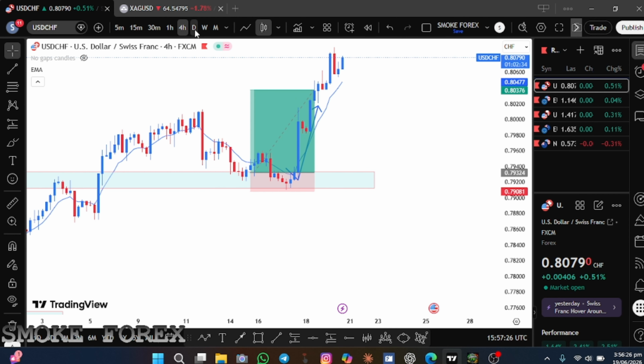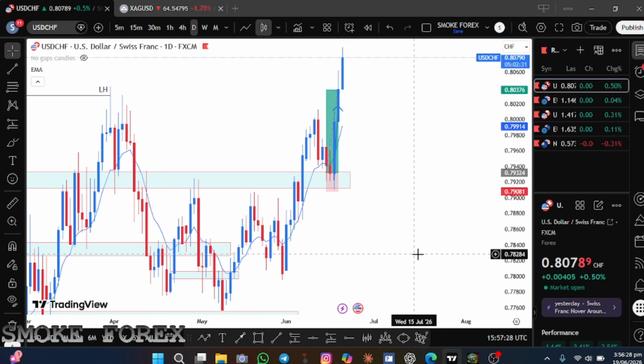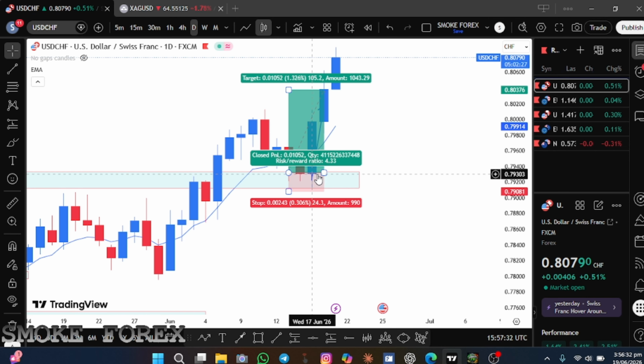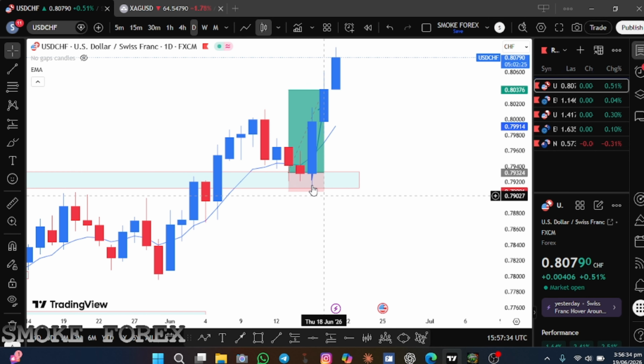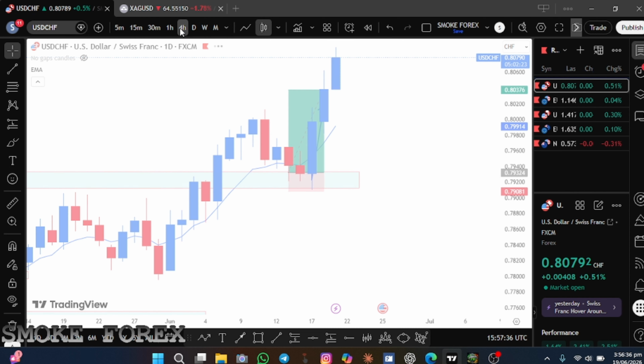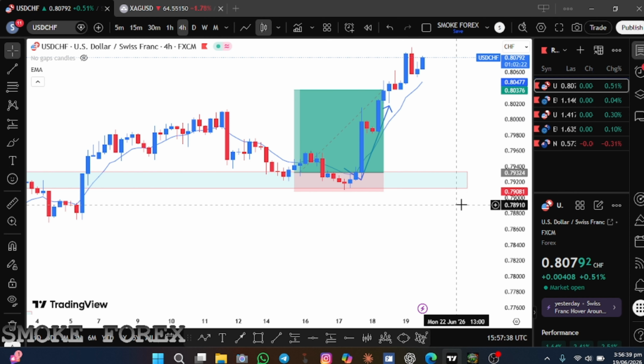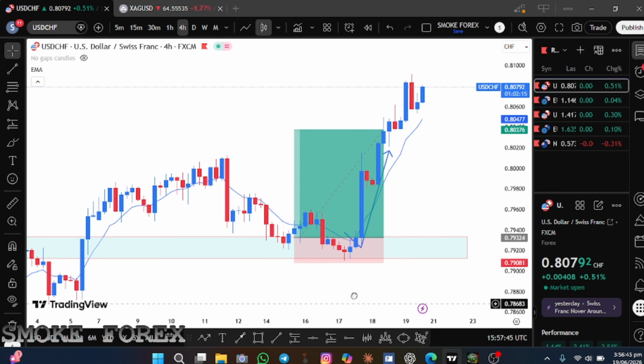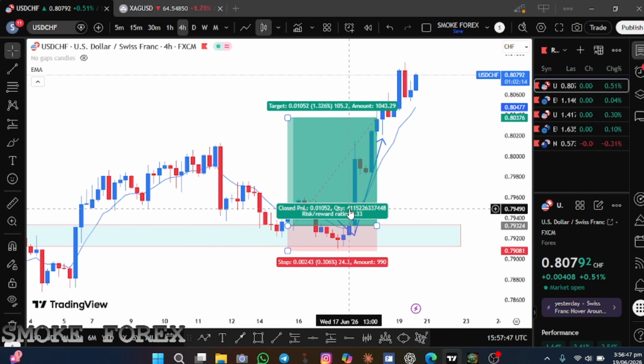If I switch to the daily, you will see my daily rejection. This is the daily rejection candle, or this kind of little rejection. So I entered this trade the moment I had this bullish confirmation. I entered over here, then caught a 1:4 reward trade.